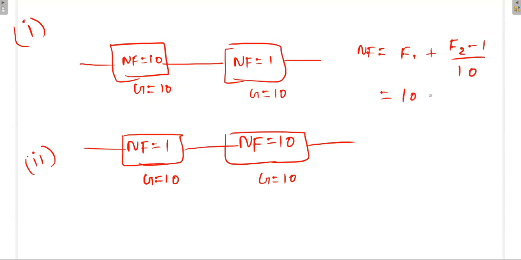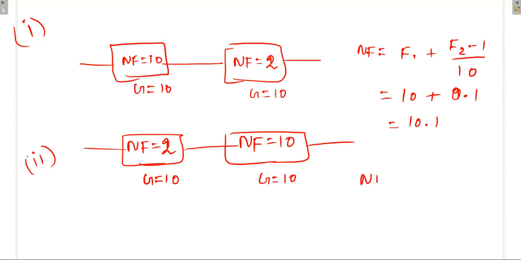So 10 plus NF is 1. So this is simply 0, or for simplicity we will take 2. Okay, so if it is 2 minus 1, then it is 0.1, then it is 10.1.